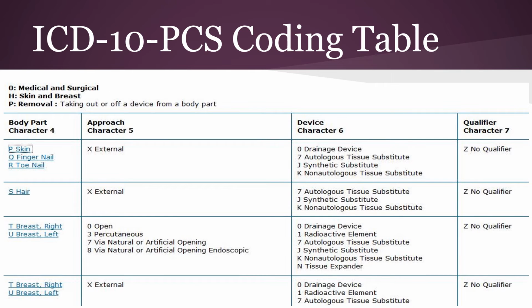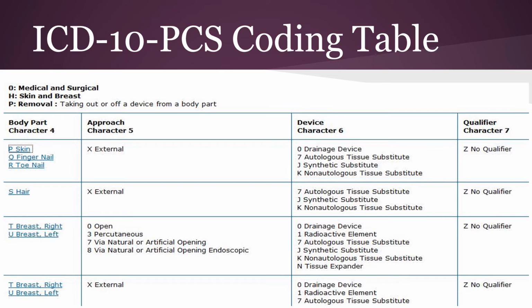Here we have an example of an ICD-10 PCS coding table. We have our first 3 digits, which is what I like to call our category. So we have 0, excuse me, for medical and surgical, H, which represents skin and breast, and then P, which represents removal, which is also further defined as taking out or off a device from a body part.